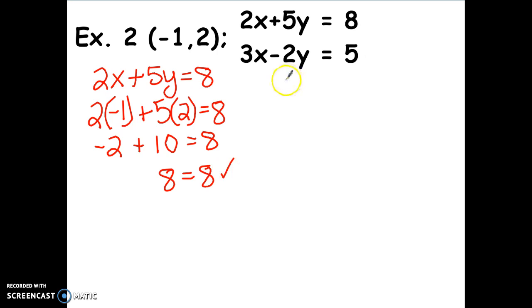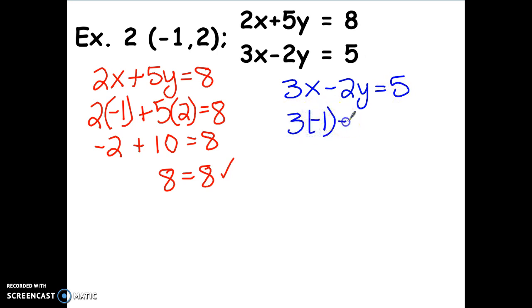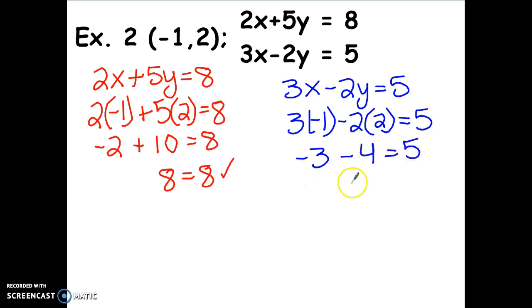Now let's try it with the second equation. 3x minus 2y equals 5. In place of x, we'll put -1. And in place of y, we'll put 2. 3 times -1 is -3. -2 times 2 is -4. -3 minus 4 equals -7.